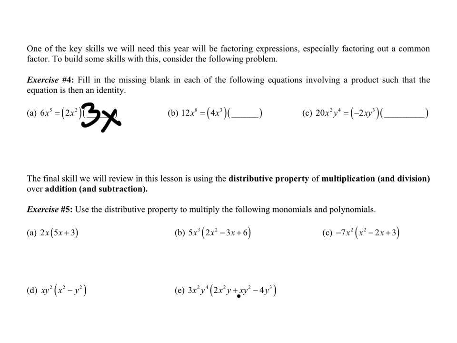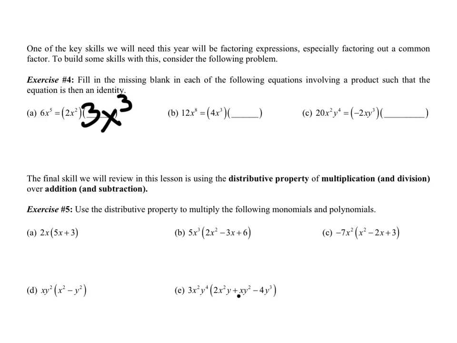Well, remember that we have to add the exponents on the 2x squared and the 3x to the missing power to get x to the 5th. So that exponent must be 5 minus the 2, resulting in an exponent of 3 here. So what did I do? I just basically did this 6 divided by 2 to get 3, and this 5 minus 2 to get 3.